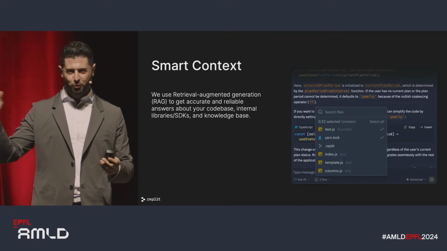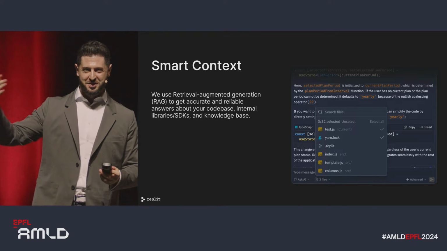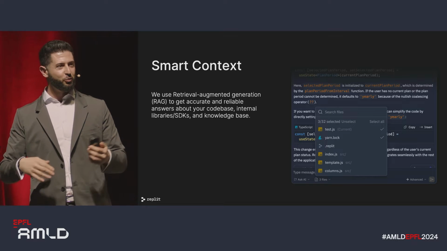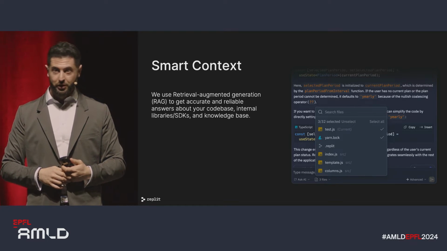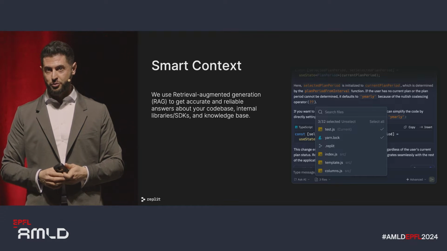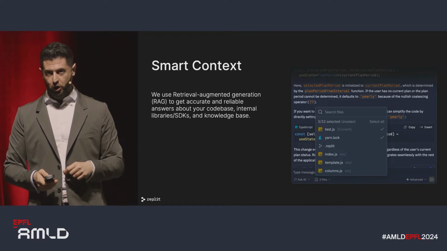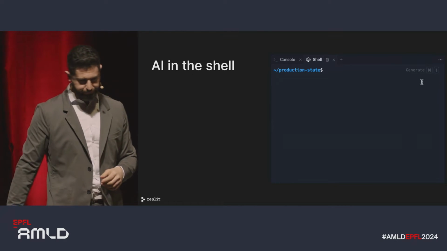So every time that you run code, we can see your execution traces. We know which libraries you imported because we take care of dependency management for you. So this gives us an edge in terms of how well we can build the context for the LLM.